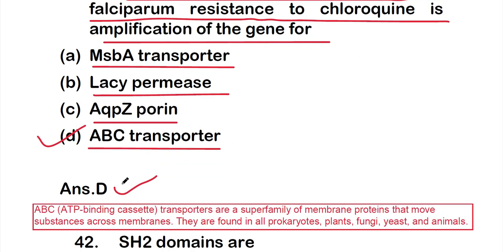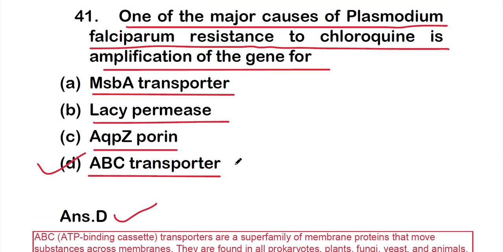What is this ABC transporter? ABC transporters, ATP binding cassette transporters, are a superfamily of membrane proteins that move substances across membranes. They are found in all prokaryotes, plants, fungi, yeast and animals. How do they help Plasmodium falciparum resist chloroquine?